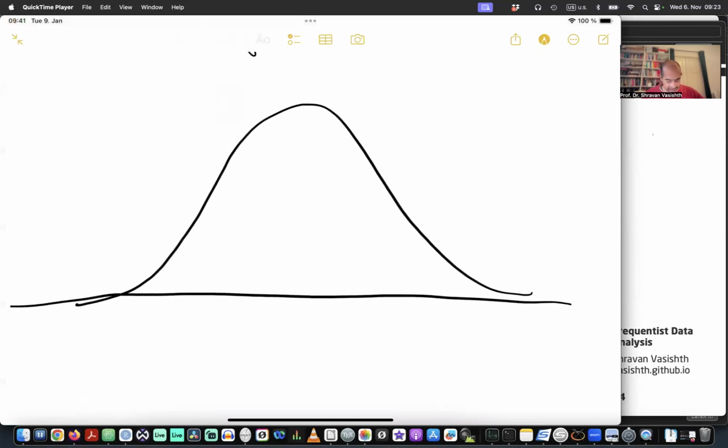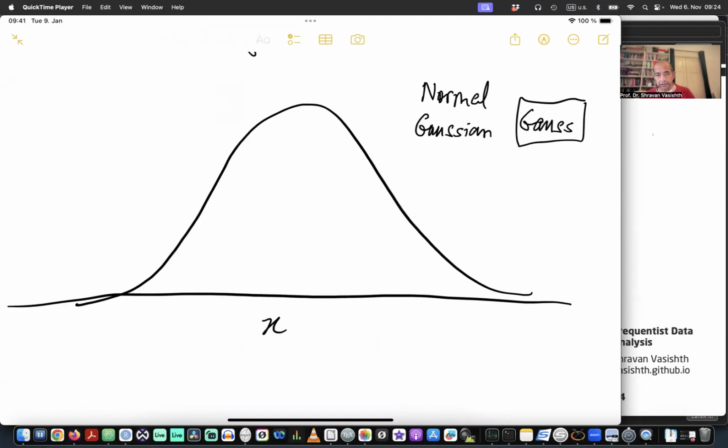On the x-axis is the support of x, okay? And this is called the normal distribution. It's also called the Gaussian distribution, named after Gauss, who was a famous mathematician slash statistician working in Göttingen, not far from Berlin. So he basically came up with this distribution. So it's often called the Gaussian distribution, but it's also called the normal distribution.